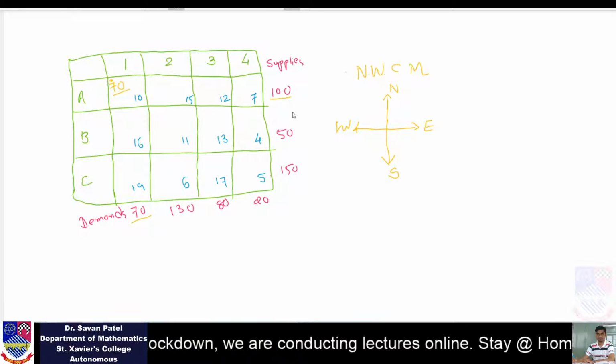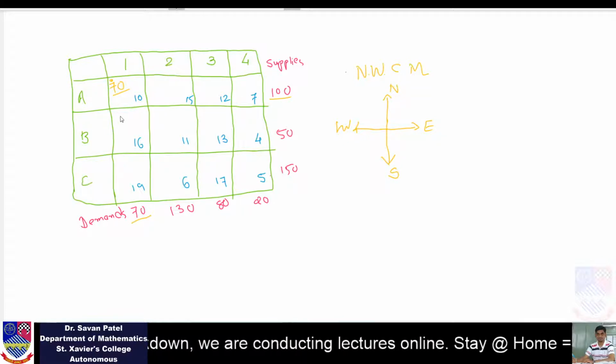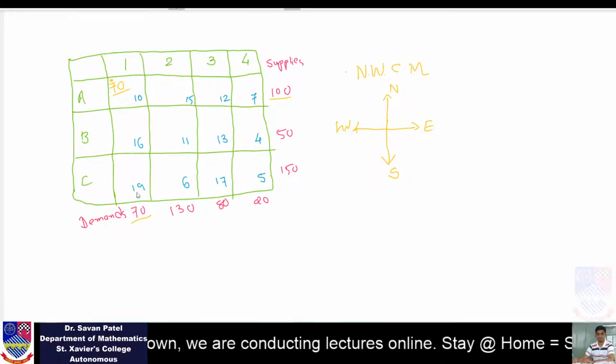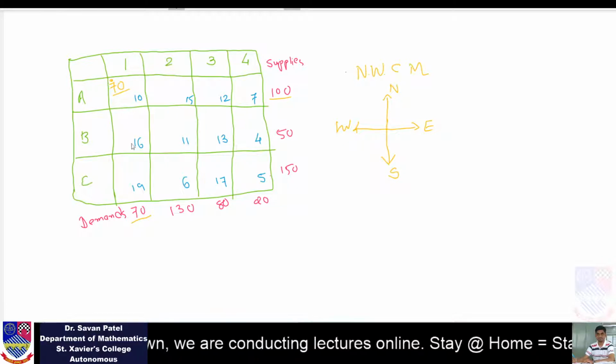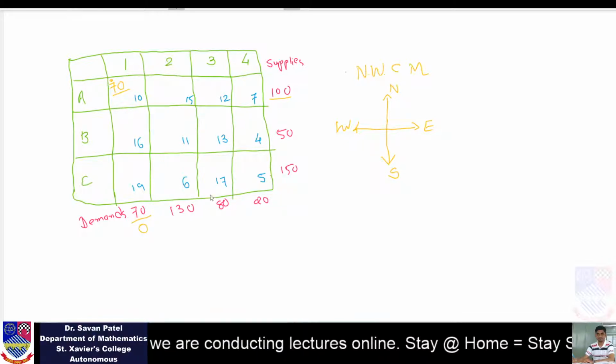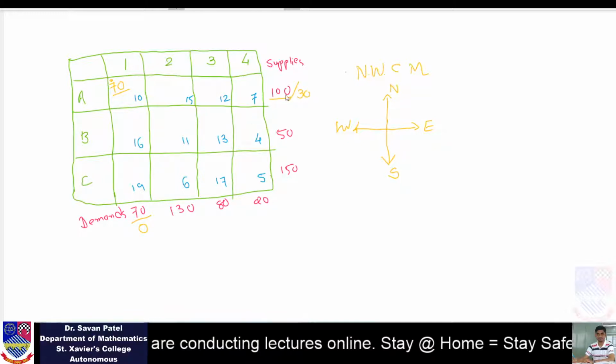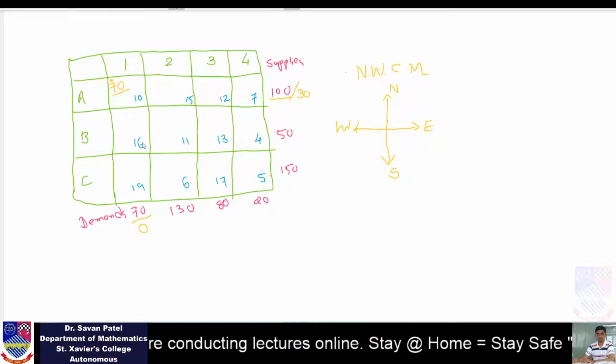Now we have already transported 70 units, so here we are left with 0 amount, and here we are left with 30 units of produced material.